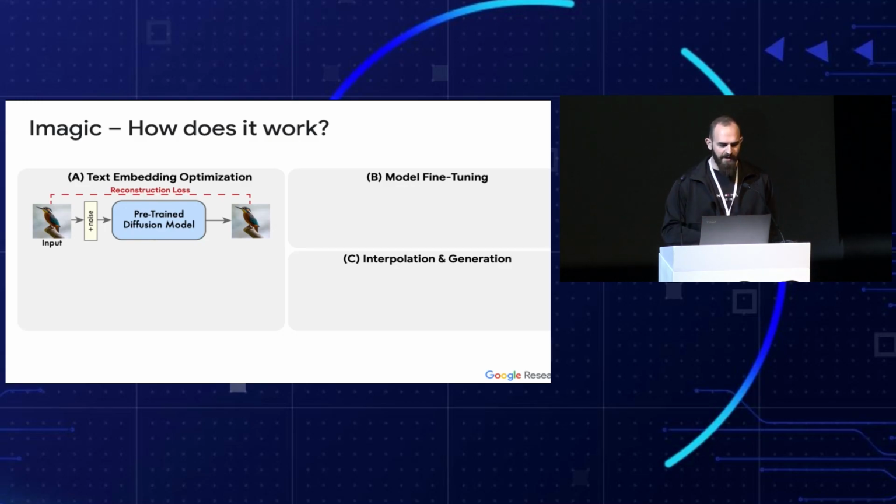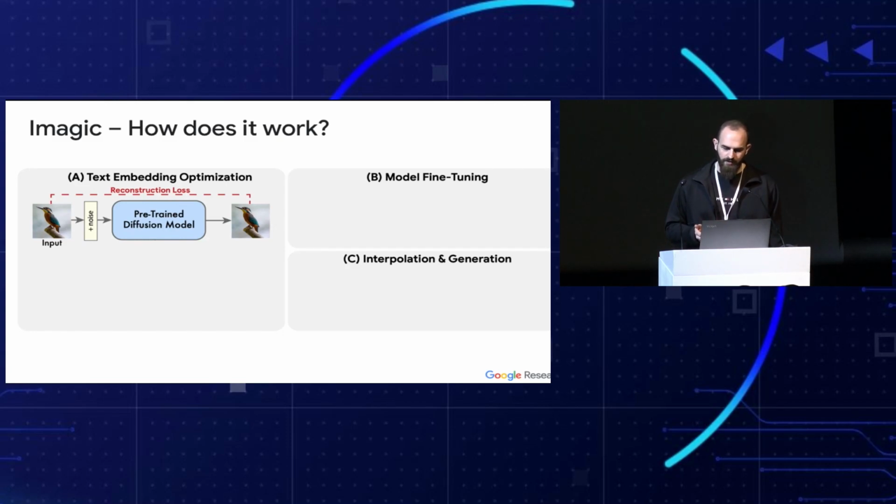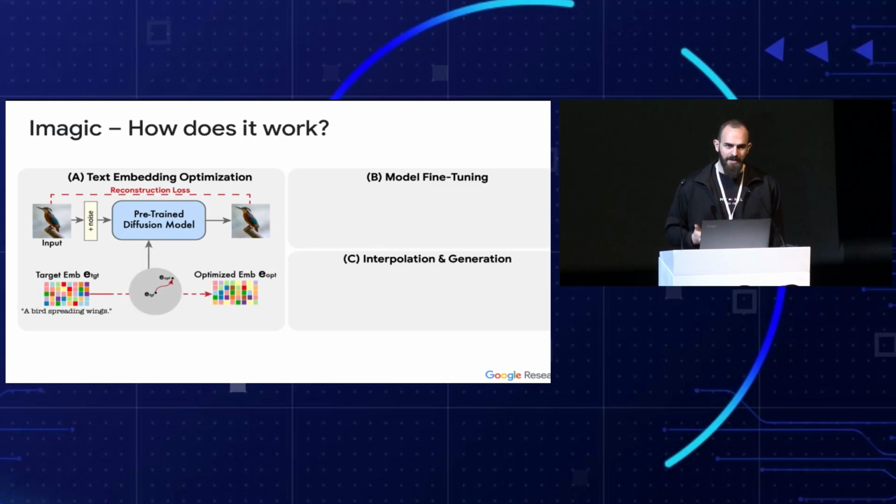We start from the same reconstruction loss for text-conditioned diffusion models. We take the image, we add noise to it, and we ask the diffusion model to denoise this image, returning back to the original image using a simple reconstruction loss. Only this time, what we want to optimize is the text embedding that conditions the diffusion model.